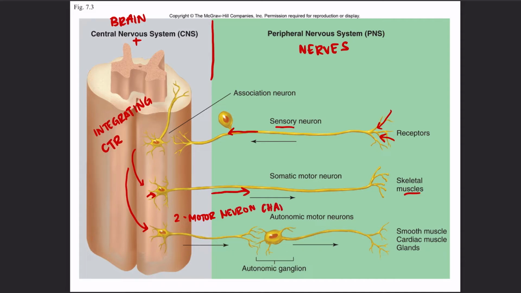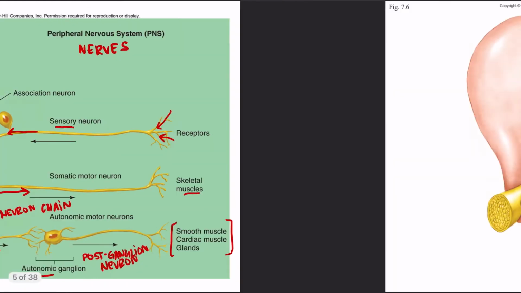And we call this the presynaptic neuron and postsynaptic neuron, or preganglionic neuron, postganglionic neuron. And notice that it is impacting some visceral organs, smooth muscle, cardiac muscle, glands, because these are impacting your autonomic nervous system. And notice it is one way again.